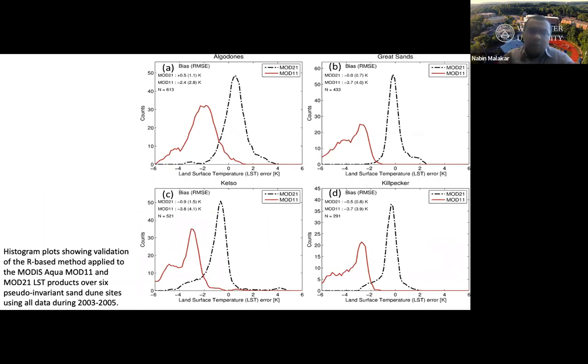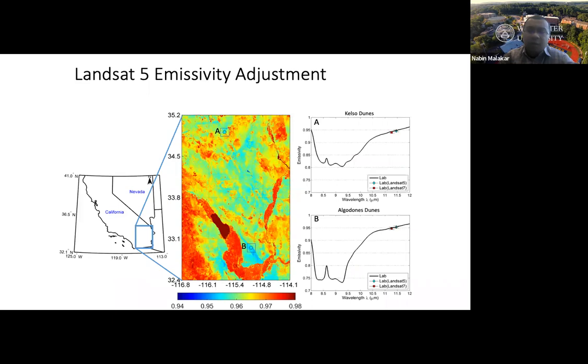If you are a farmer looking at a field, at 1 kilometer it may not be applicable for you, but you can use physics-based principles to study a different field site. For example, this is the Salton Sea area over here, and this is the Landsat emissivity, which we basically derive using the sensor data.